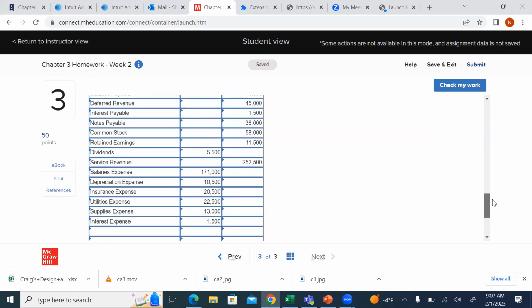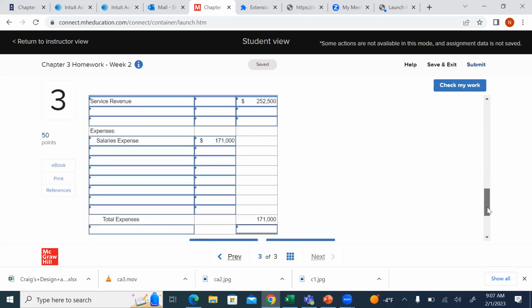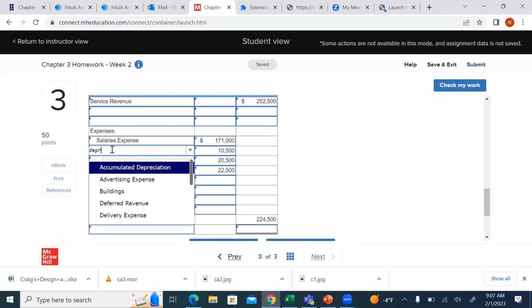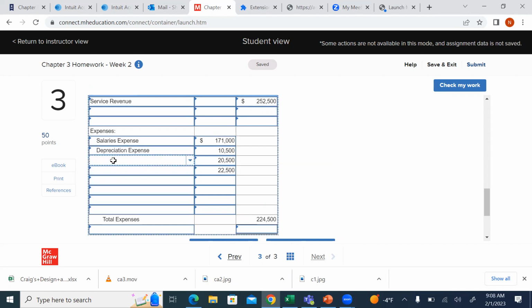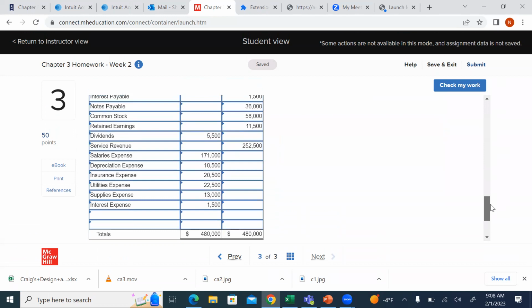Then we've got 10.5, 25, 22.5. Remember, depreciation, insurance, utilities. 10.5. Okay, what was the first one? Thanks. And the next one? Utilities, supplies, and interest. 13.